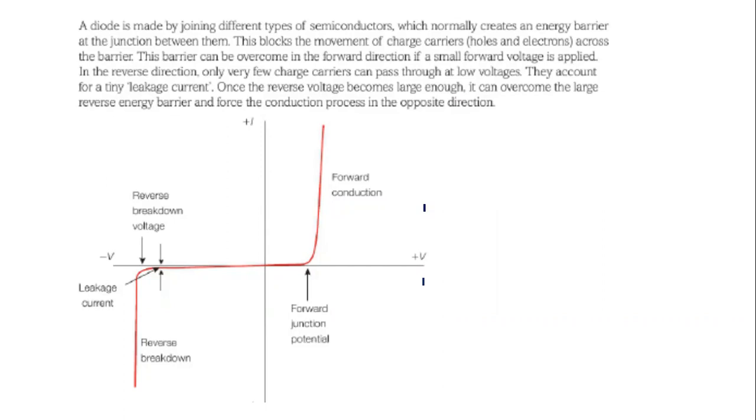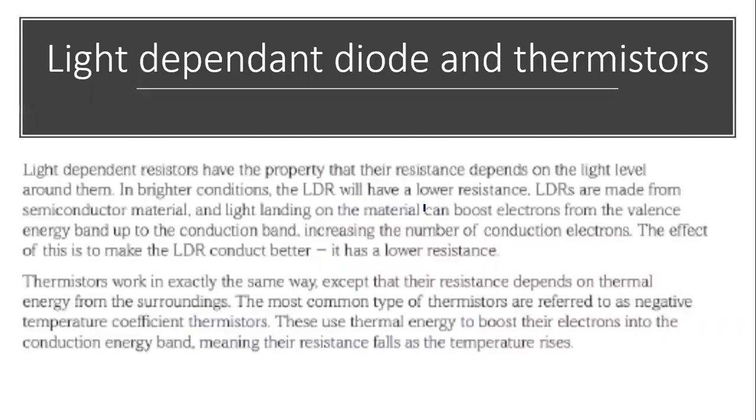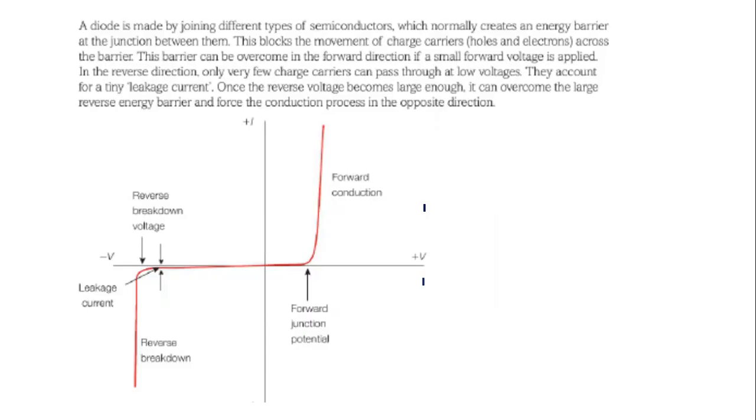Now, generally speaking, this is up to a certain voltage. Diodes generally work at low voltages, right? At low voltage, you observe that there is no current in the reverse direction.